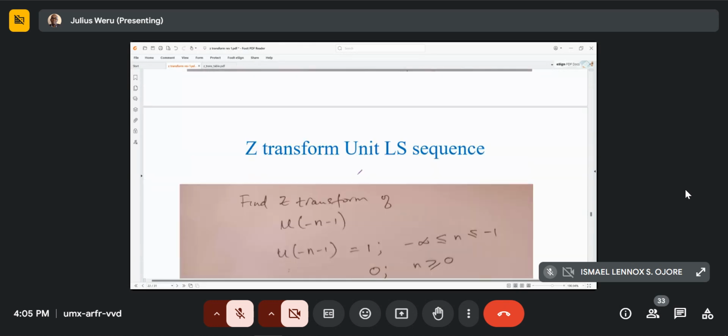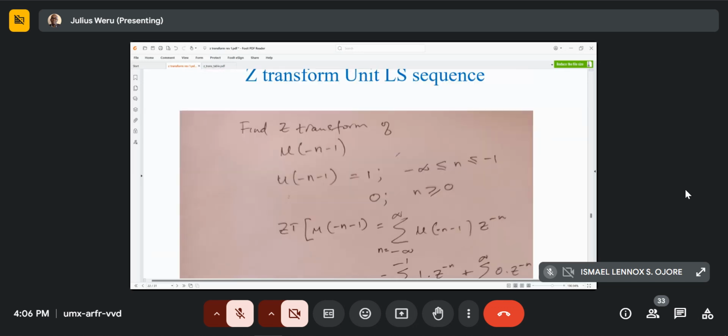Does anybody have a problem with the region of convergence? Let's do another example. This is the unit left-sided sequence, u of minus n minus 1.